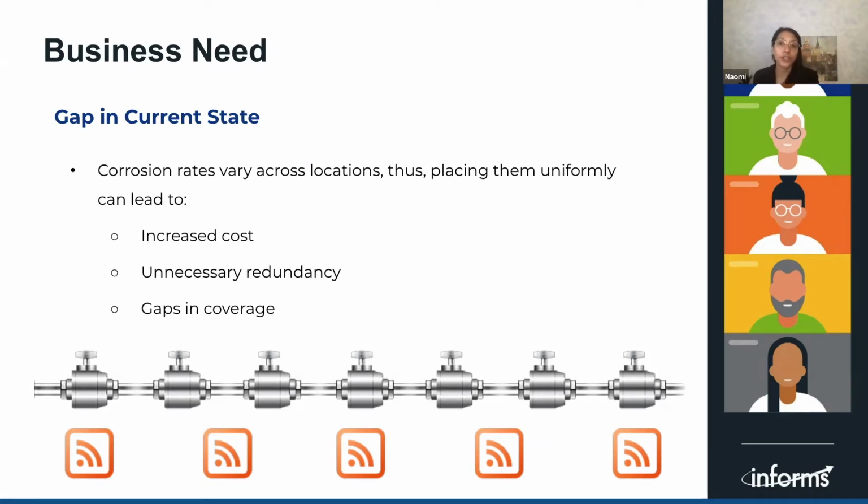In our solution, you'll see how we were able to reduce the cost by one third by removing that unnecessary redundancy and saving on the sensor cost. Alternatively, another downside to uniform placement is that if there's a bend in the pipeline or the flow dynamics vary, the uniform placement standards could lead to gaps in coverage.